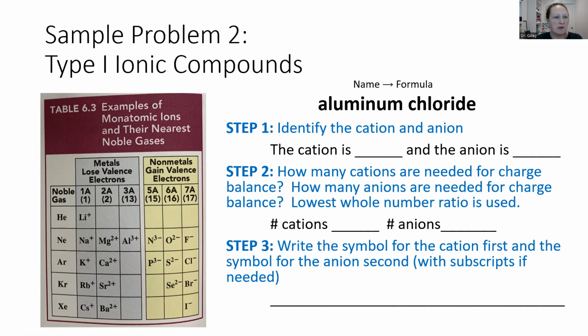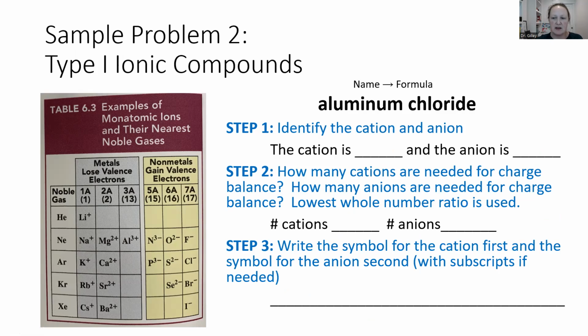Let's do another problem. In this case, we're going to go from the name, which is given to us, and the goal is to write the correct formula given the name. So again, step 1 is going to be to identify the cation and the anion.